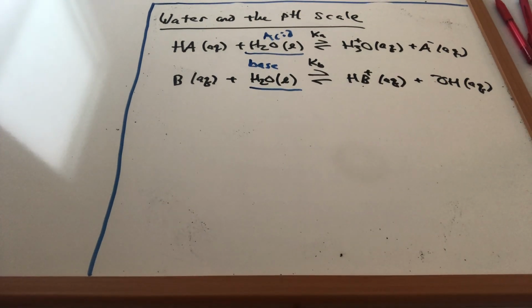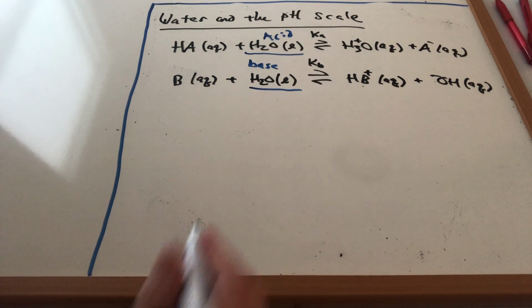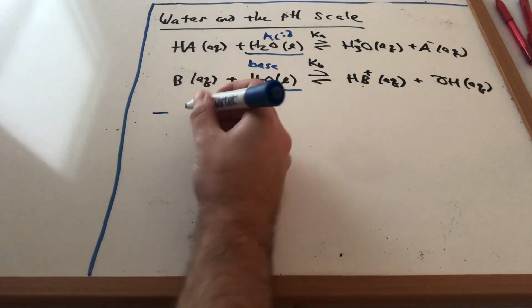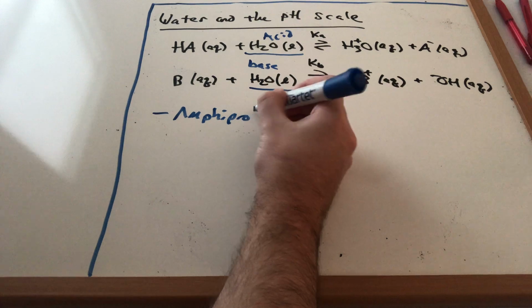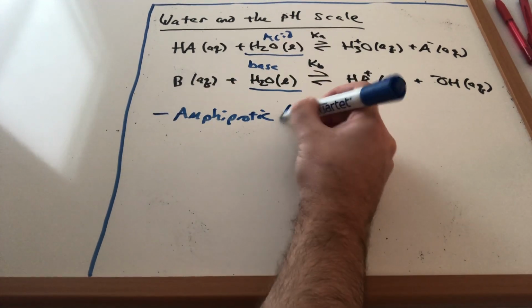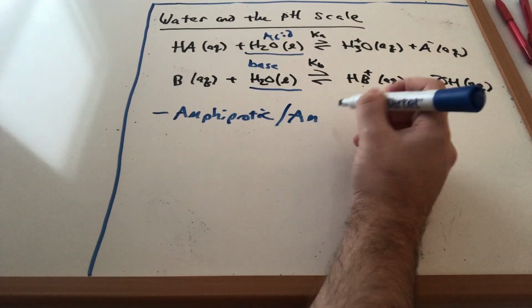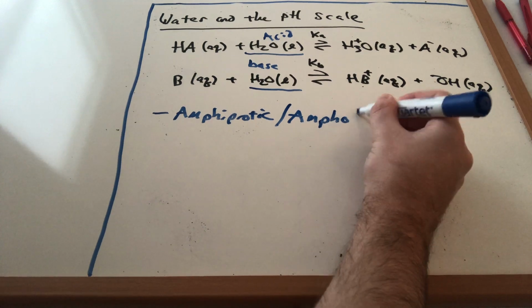This is a very important property of water, and it really gives us a linchpin, a guidepost for how we approach actually quantifying the behavior of acids and bases, all right? Water is amphiprotic, which another word for that, a synonym, is amphoteric.